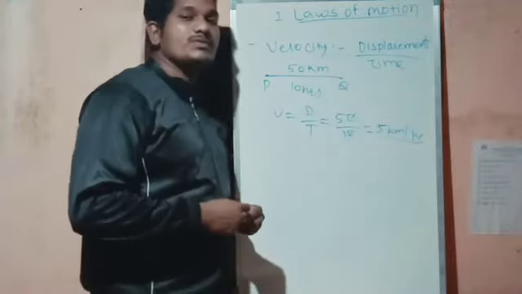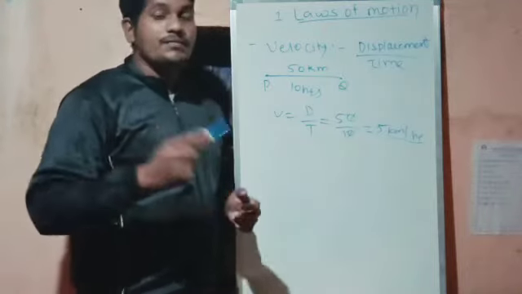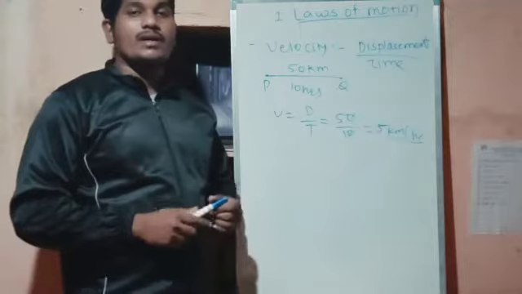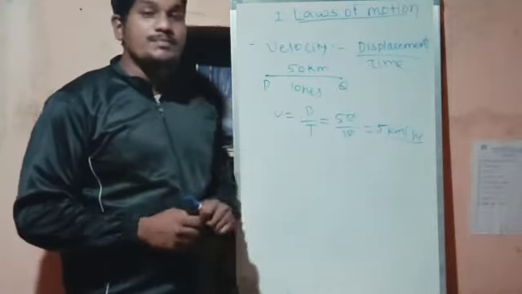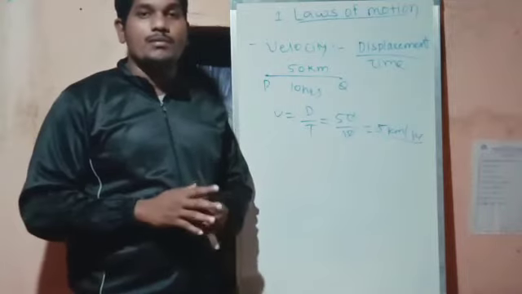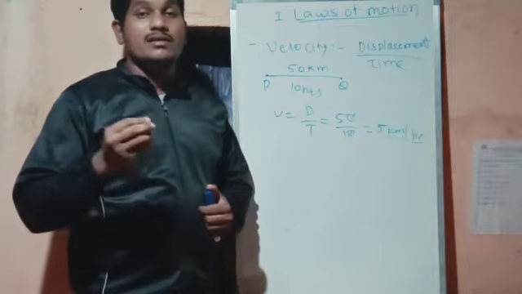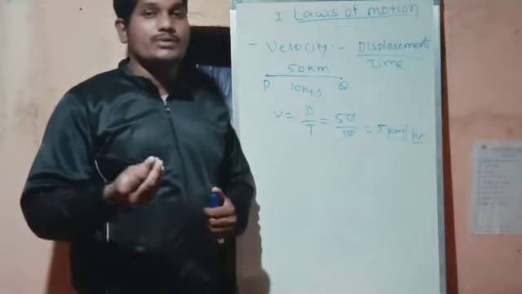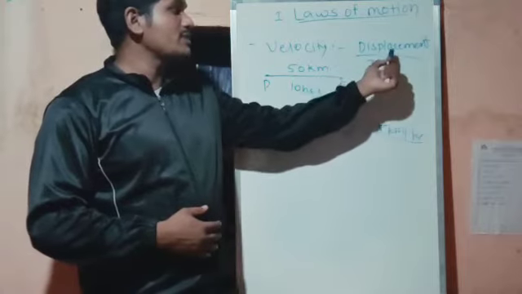These are the simplest formulas of speed and velocity. Suppose they ask about velocity and speed, you will be able to write the particular values. From this formula you can calculate the velocity, displacement and the time.